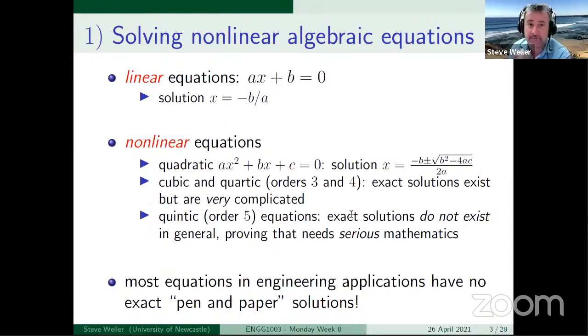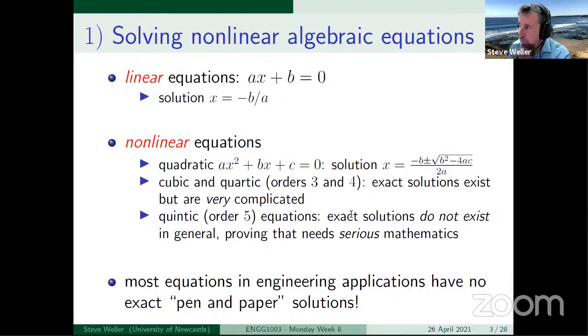And the solution is given by x equals minus b on a, where a and b are numbers that define the gradient and the intercept of the straight line. Now, there are extensions of that simple linear equation form that involve systems of linear equations, and we'll probably look at those later in the course. Today, I'm just interested in linear equations in one variable x.